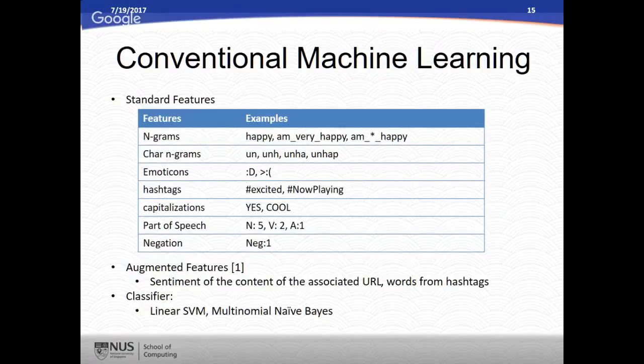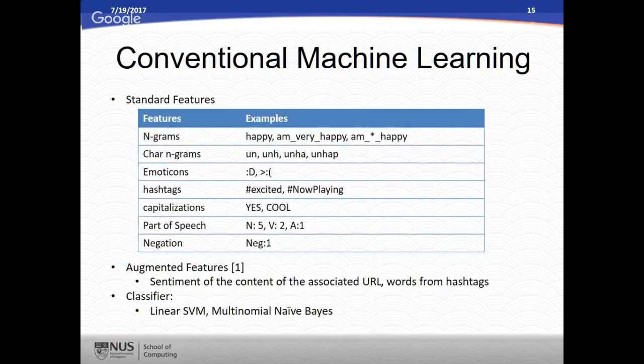You can also use hashtags. If you use the hashtags in the raw format, it probably will not work well. You can always use the number of hashtags as a feature, but the good part is you can break the hashtags into smaller words and use them. You can also use capitalization and part of speech tagging.